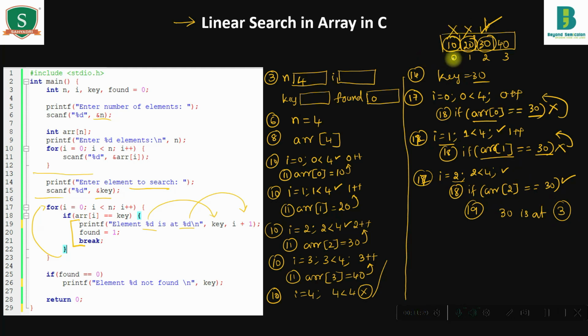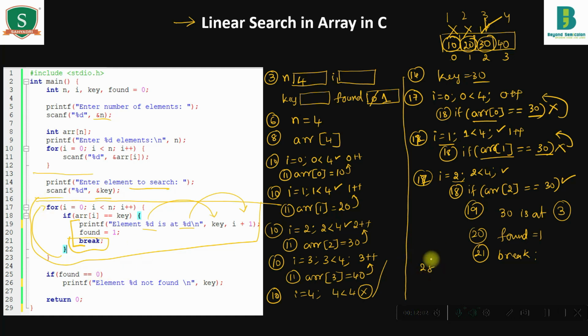Position-wise, 0, 1, 2, 3 are the indexes. If you are talking about positions, these are the first, second, third and fourth positions. It depends upon how we write the program. Next, found is equal to 1, so we are updating the found value to 1. And in the 21st statement, break. The moment you get a break statement here, it means we are exiting from the for loop.